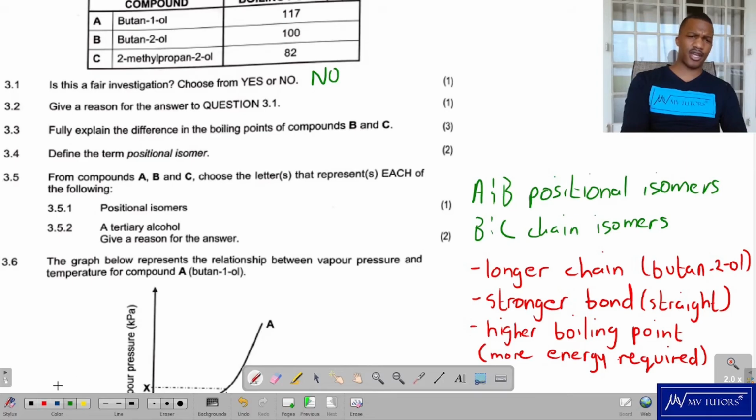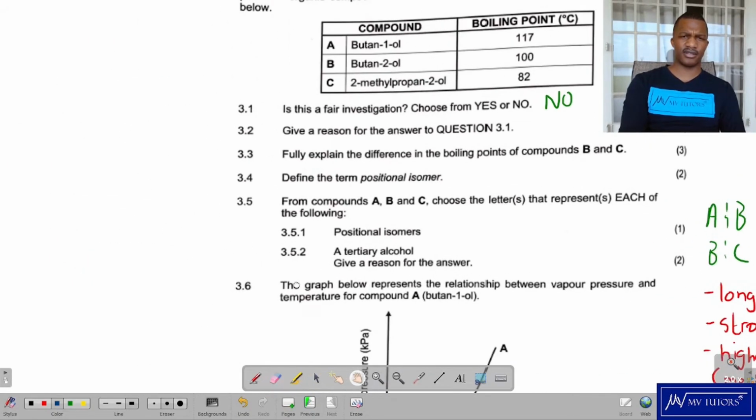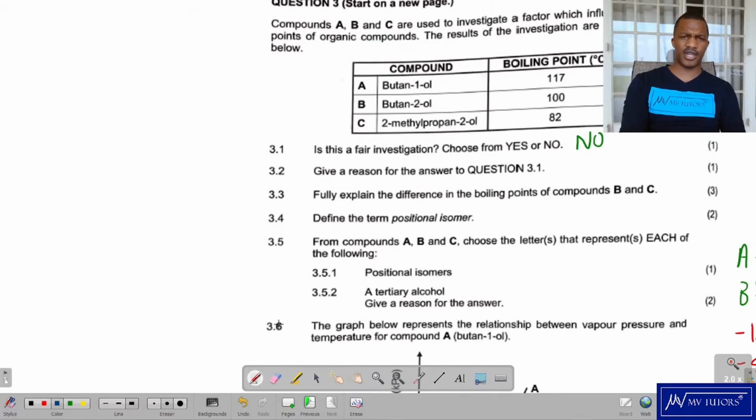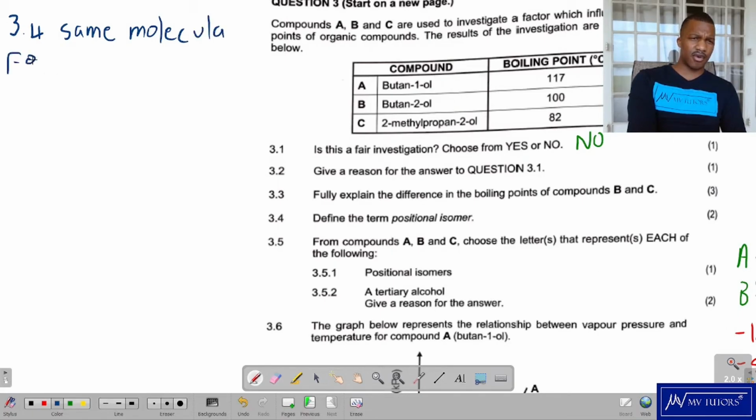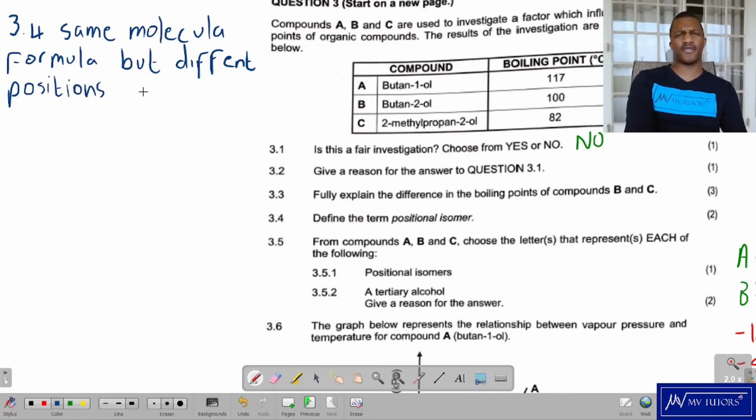Like I said earlier, with a positional isomer we have a situation where it's an isomer, meaning they have the same molecular formula, but different positions of, say, the functional group.